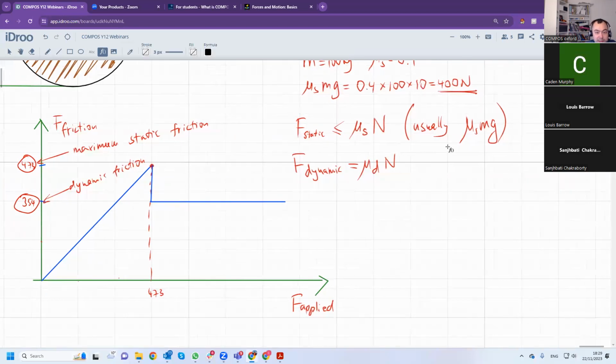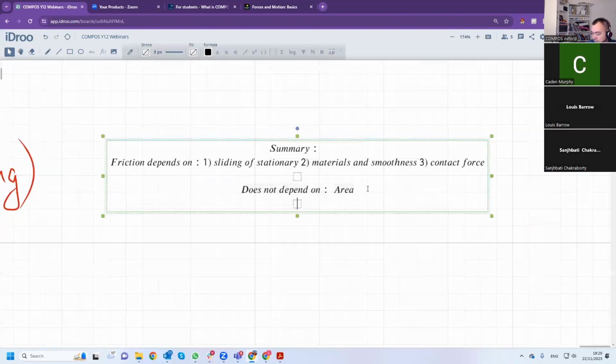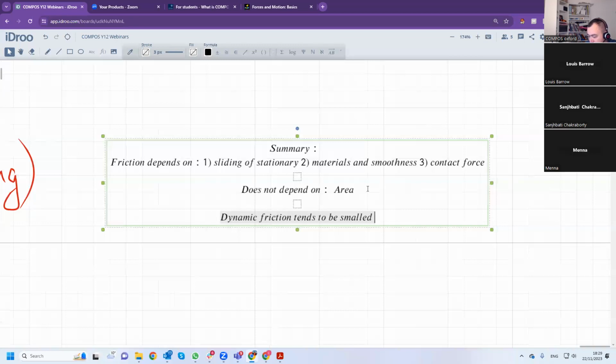Dynamic friction, so I'll write it down. Dynamic friction tends to be smaller than the maximum static friction.